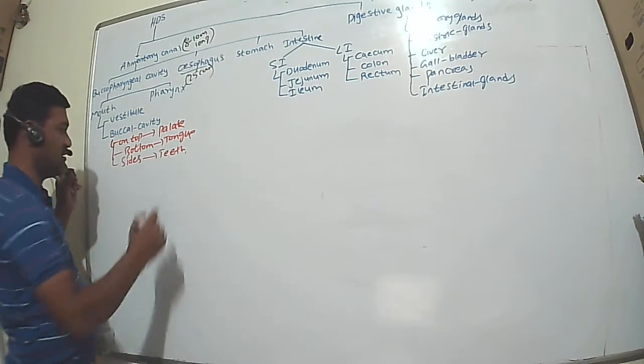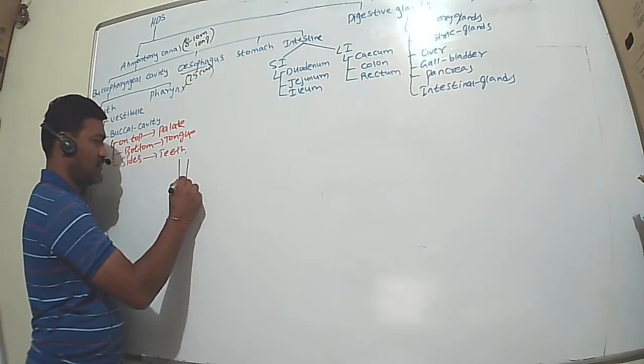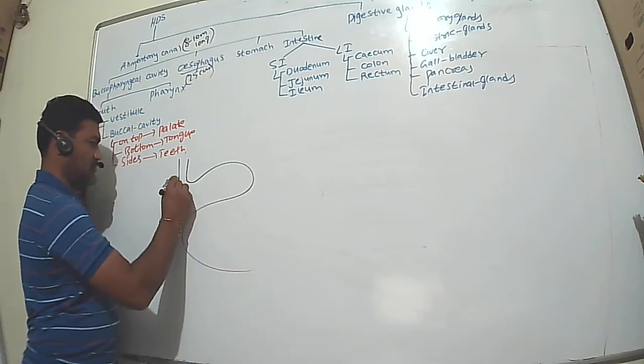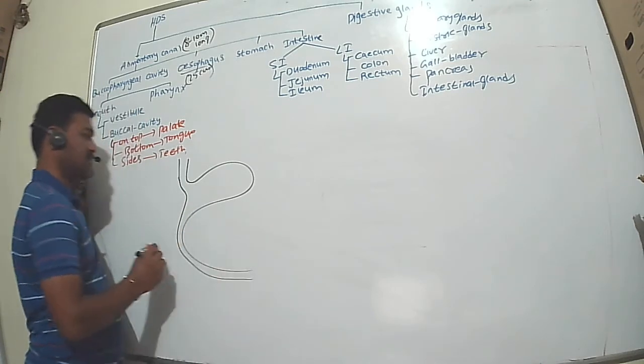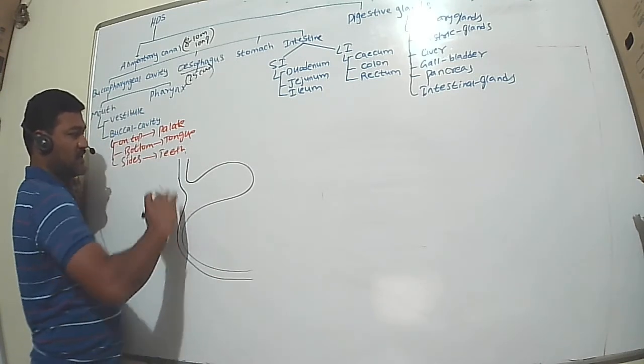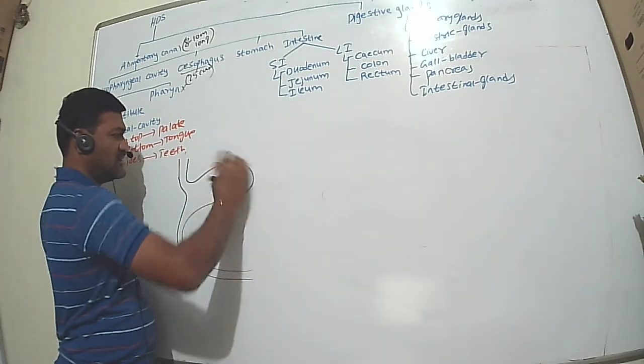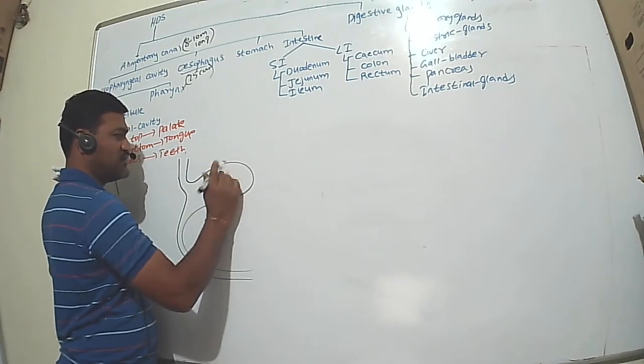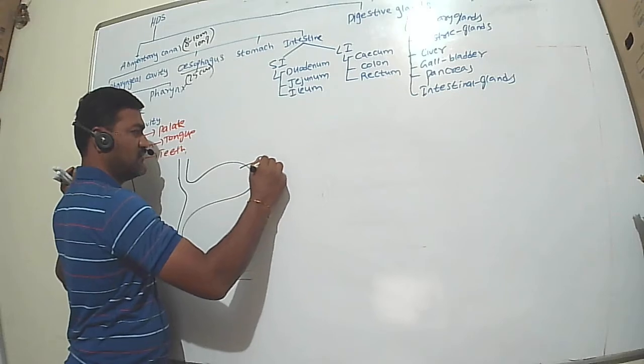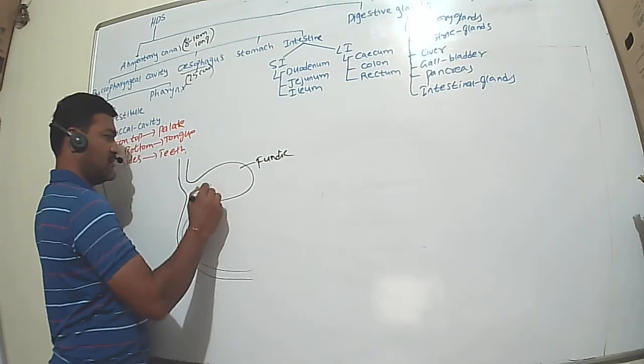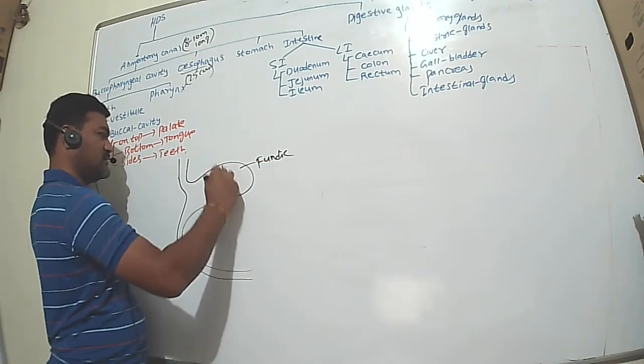So look, this is the stomach. The stomach has three portions. This hunch-like part where the food is temporarily stored is called the fundic stomach.